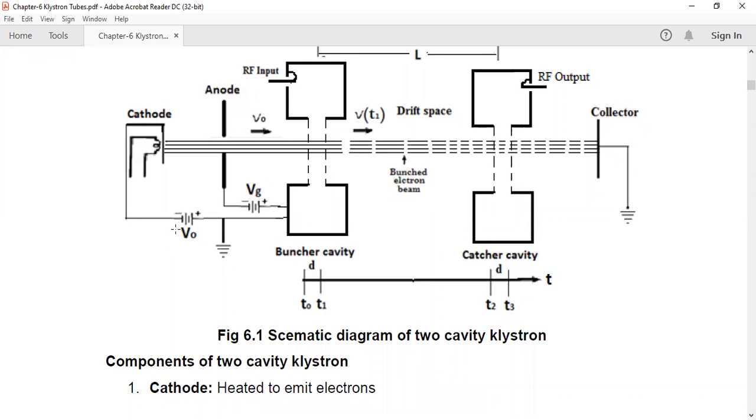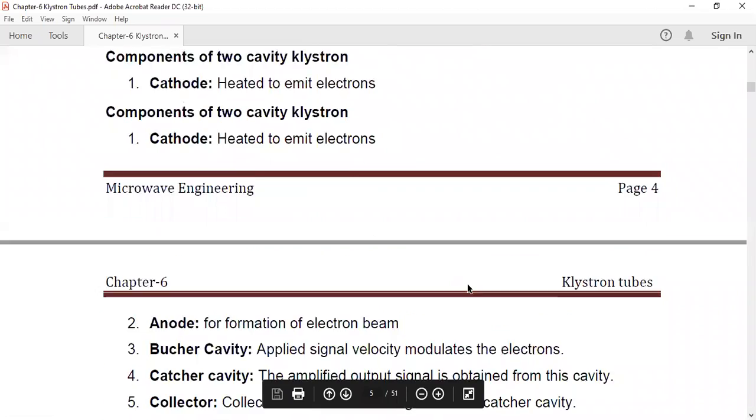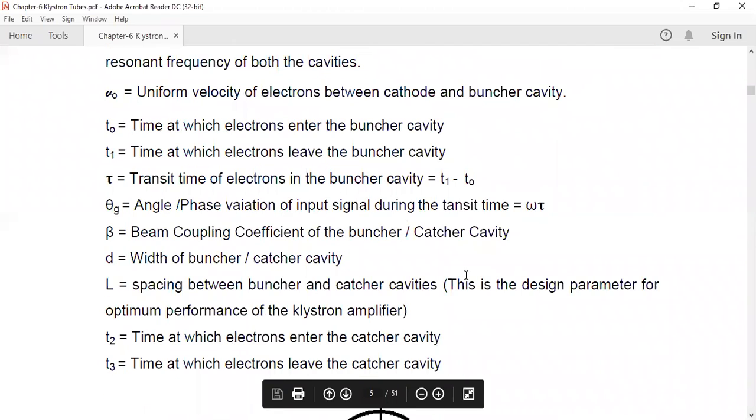In microwave, the frequency is high, in the gigahertz range, but the power we are using is in milliwatts only. So power is very, very less, but the frequency is very high. Okay. So you have to remember these things. Based on that, you already know the general things.